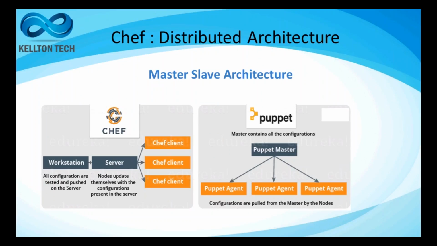The server contains the cookbooks and recipes for all the nodes, maintaining the repository in the Chef server. The Chef clients will pull all the configurations based upon the policies defined in the metadata.